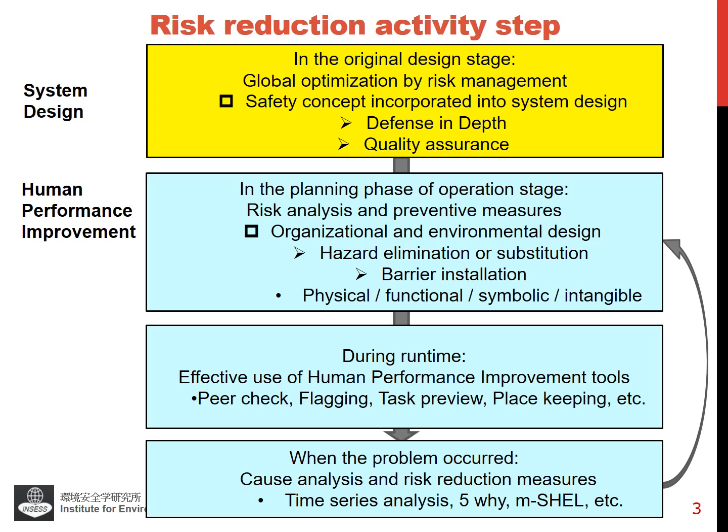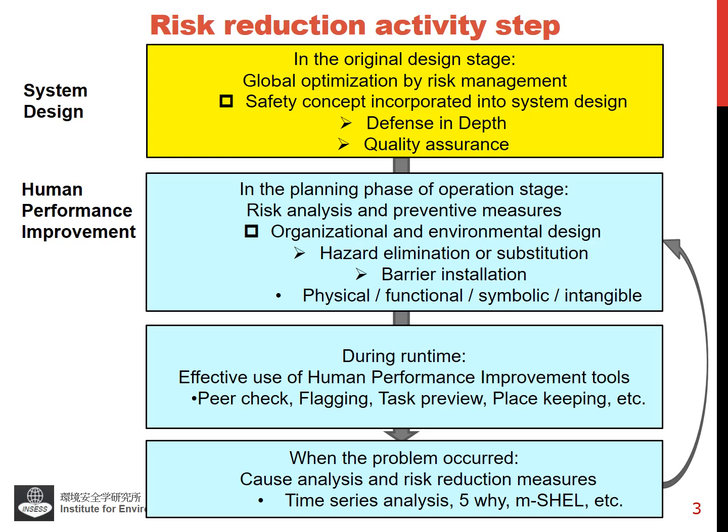Hazard elimination or substitution and barrier installation are included in the organizational and environmental design. But hazard elimination or substitution is the most important for the organizational and environmental design. As for runtime, effective use of human performance improvement tools such as peer check, flagging, task preview, or place keeping, etc. is recommended.